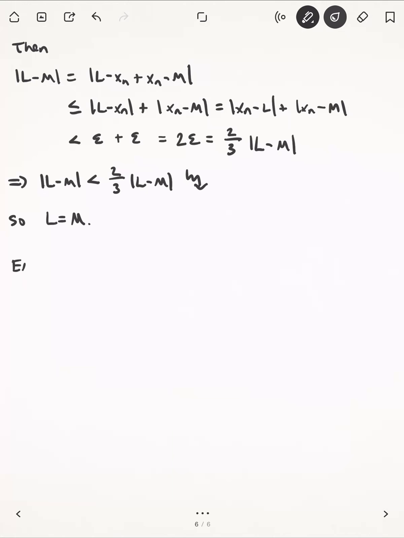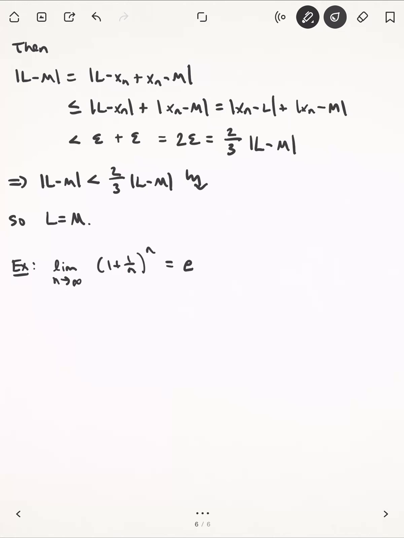So for example, the limit as n goes to infinity of (1 plus 1 over n) to the nth power. You might be tempted to say that this is just 1, but this is actually equal to e. So you just have to be careful with these things because you don't want to get the wrong idea.